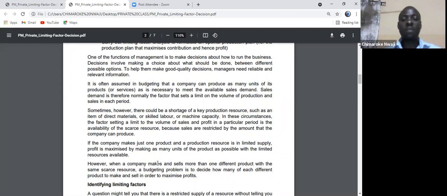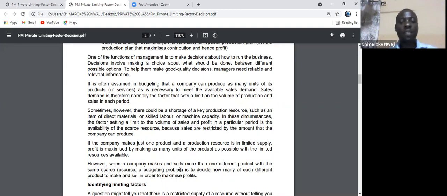Maybe you needed 12 bags to meet the demand of cake and the demand of bread, but you have 10 available. So what you simply do is make as much of cake or bread or a combination of both that could maximize your profit. That is what a smart production manager will do. And that is what we are doing here.